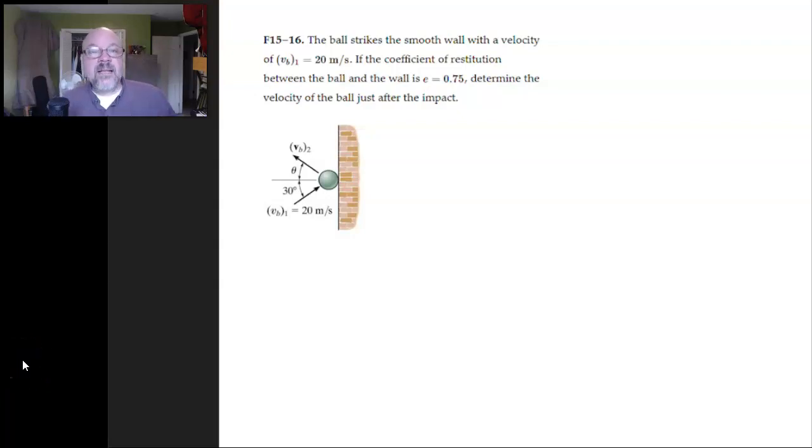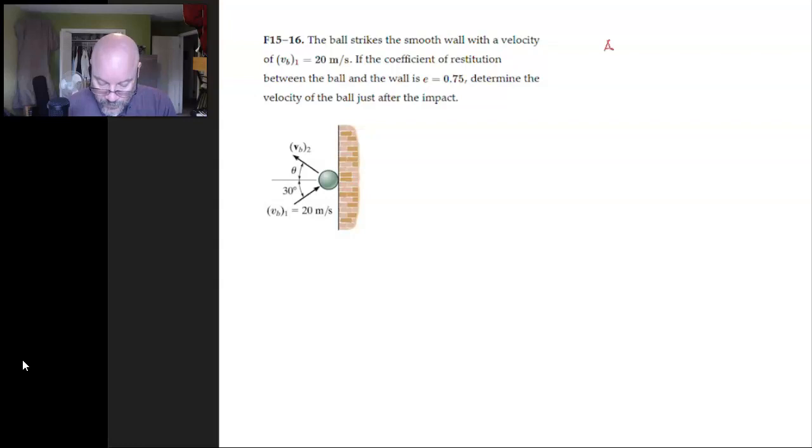All right. So in class, we did a bunch of one-dimensional work dealing with coefficients of restitution, etc. Okay. And just to reiterate, the important thing about the coefficient of restitution is it tells you something about the relative velocities before and after impact. Okay.